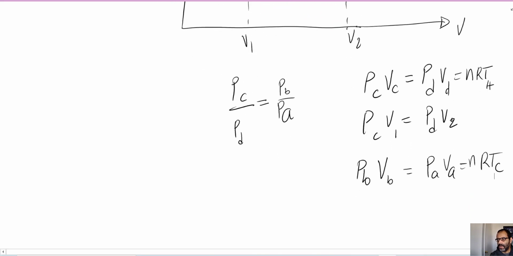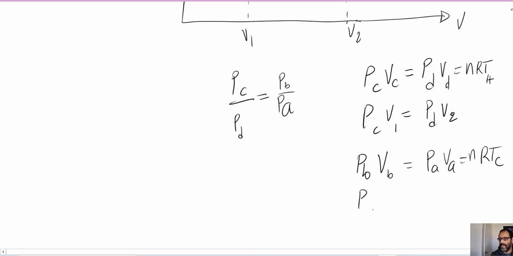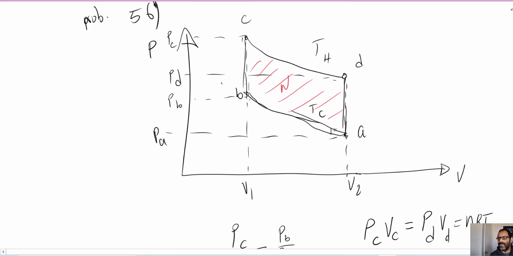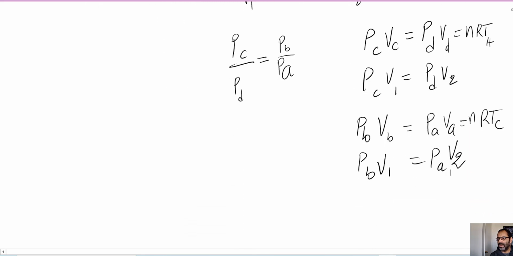However, VB is the same thing as V1, and VA is the same thing as V2. The volume for D and A are the same, so that's why I substituted them for V2. I'm going to take the ratio here of PC over PD.